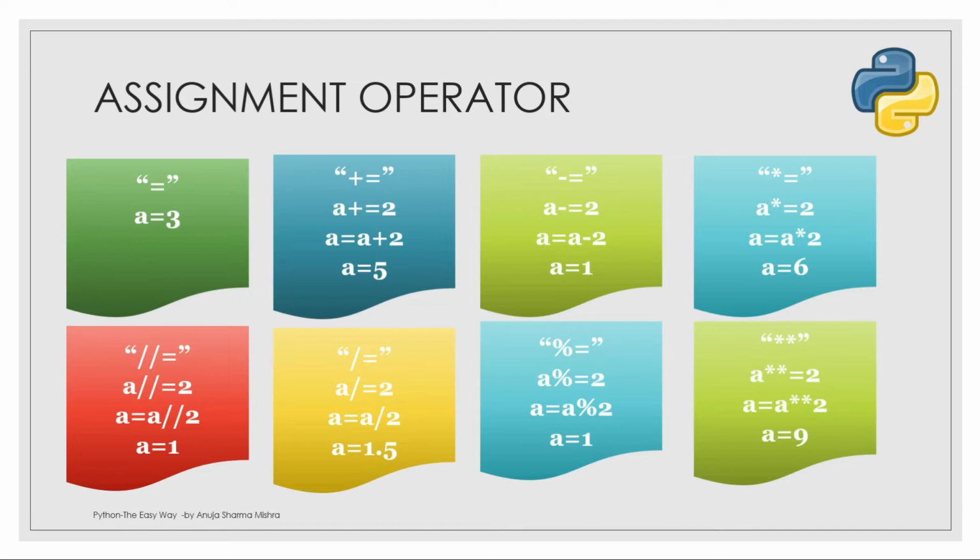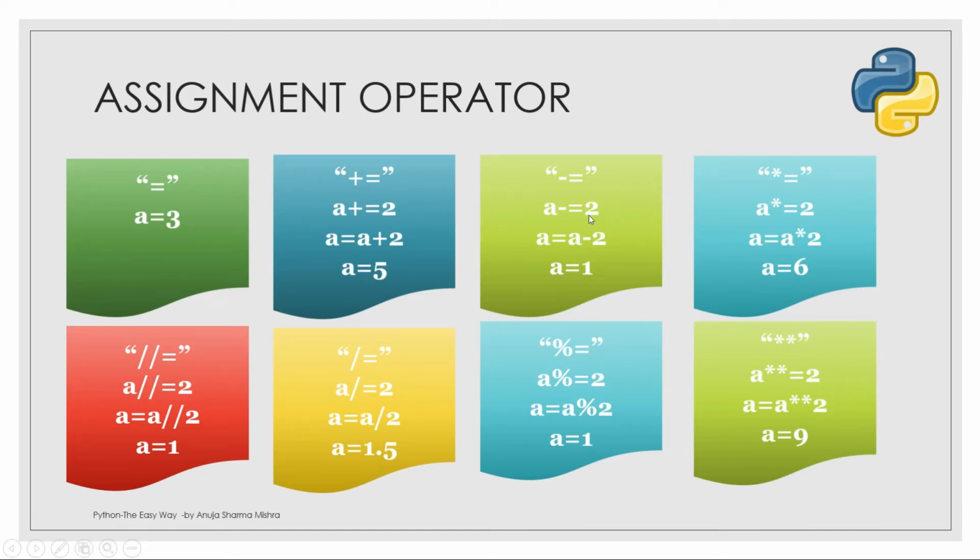Plus equal to says that you add the value on the right side of the operator to the value already stored in the variable A. So when I say A plus equal to 2, and suppose A had value 3 initially, it will say 3 plus 2 is equal to 5. So I am actually adding 2 to the older value stored in A. Earlier A had 3 in it, now I am adding 2 to 3, so it gives me 5.